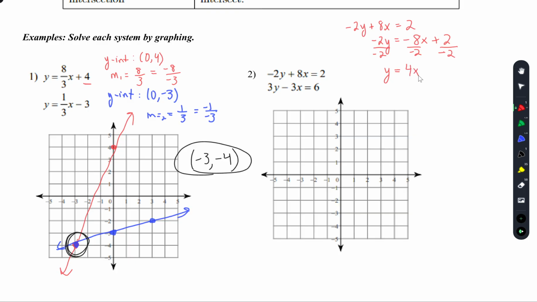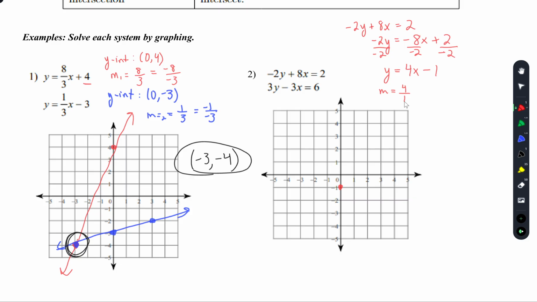And then 2 divided by -2 is -1, so you'd write -1, and then you graph that line. So you would go down 1 for your y-intercept.